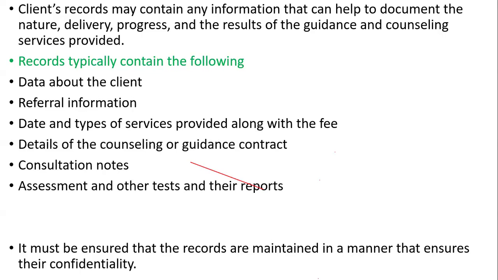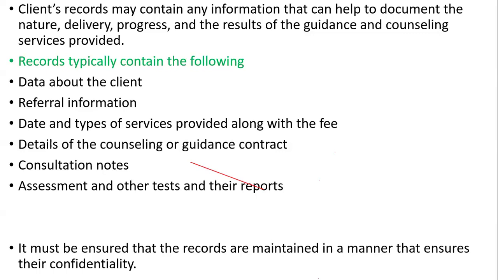Details of the counseling or guidance contract, consultation notes, assessment, and other tests and their reports. So they should contain data about the client: the client's name, age, the dates they have met for the intervention. So all the information about the client.